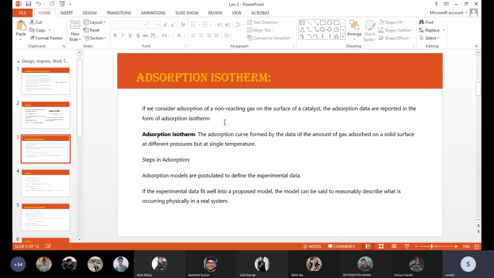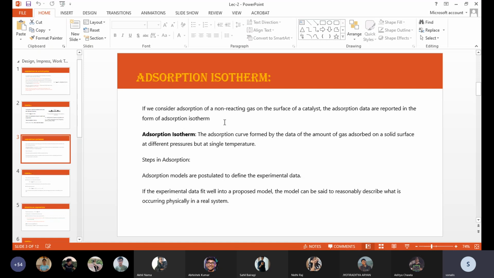Adsorption data means that if we do the experiment at a single temperature and increase the pressure, we see how much more adsorption we get. This way we can make a series of data at that single temperature, and we can plot the data to get a definite curve, pressure against concentration of adsorbed molecules.